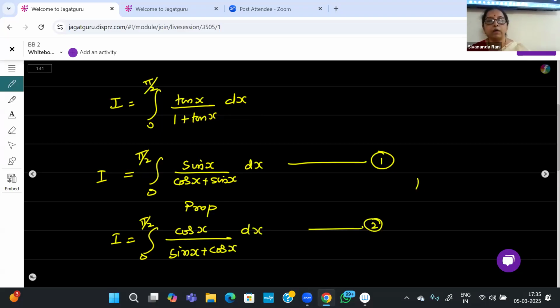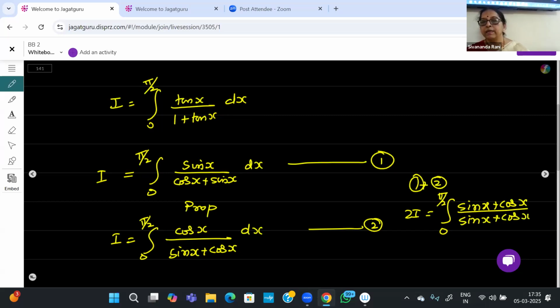So adding 1 and 2, it's a very popular way of solving, use of properties, right? So sin x plus cos x, and you have a common denominator. That is the advantage of adding. So both of them get cancelled.